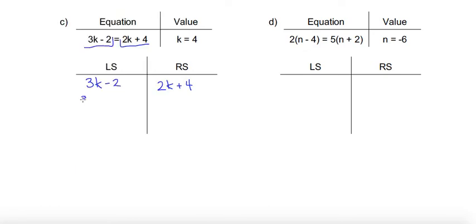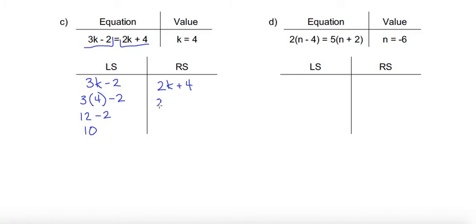So I'm going to enter in 3 times 4, subtract 2 on the left side. 3 times 4 is 12, and 12 take away 2 is 10. So my goal for the right side is for it to equal 10, and it might or it might not. So let's go ahead and check that out.